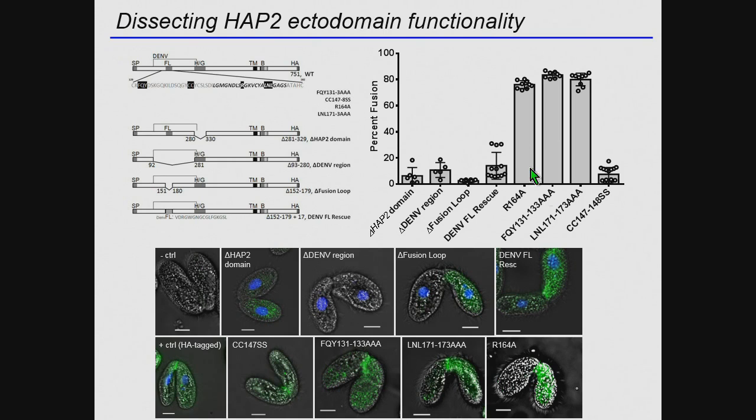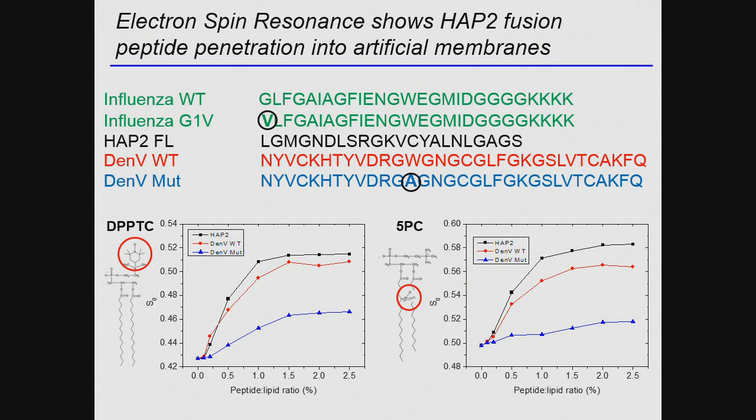So we've tested the functional extent of this homology, but we were looking for an additional way to look at how the HAP2 fusion loop might be interacting with membranes. And so we teamed up with Dr. Alex Lai and Dr. Jack Fried, who runs the ACERT lab at Cornell in chemical biology, and they do these really interesting, awesome studies with this technique called Electron Spin Resonance to measure the interaction of viral fusion peptides with artificial membrane bilayers.